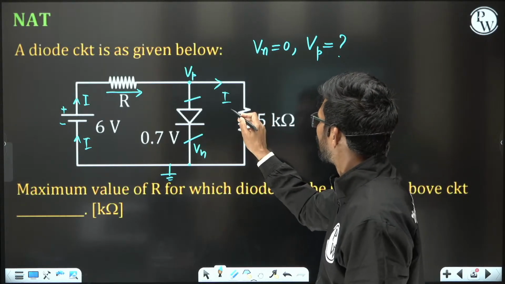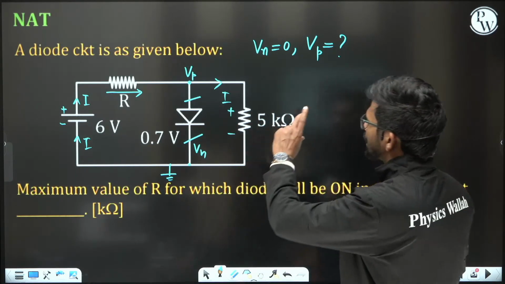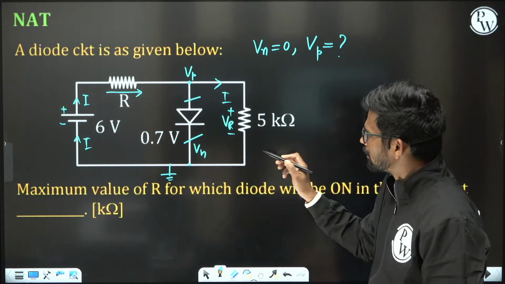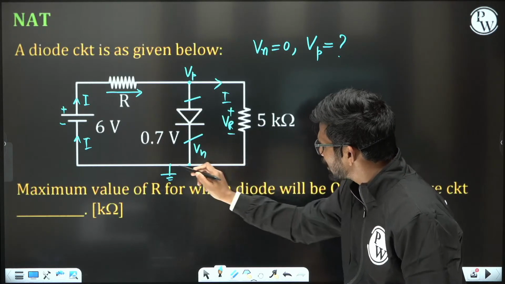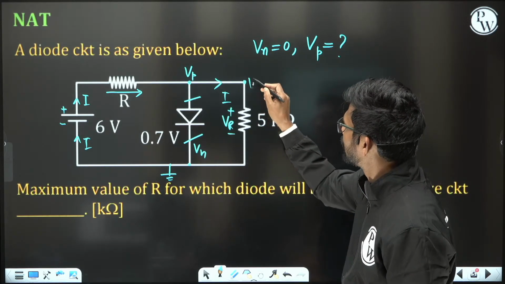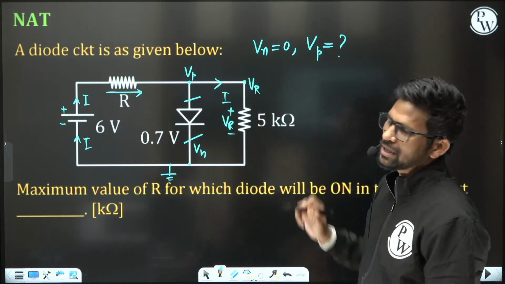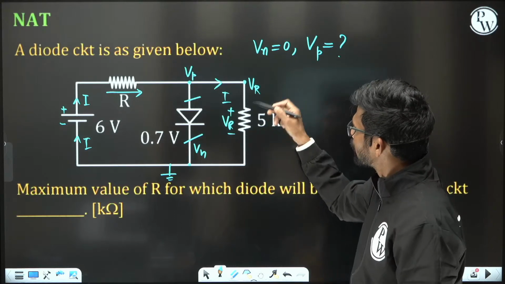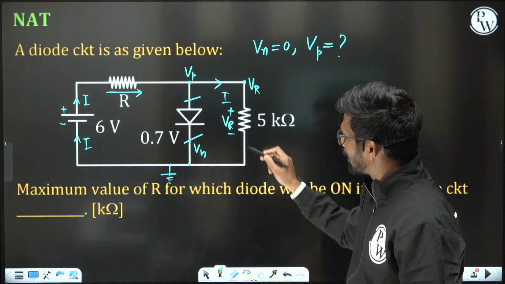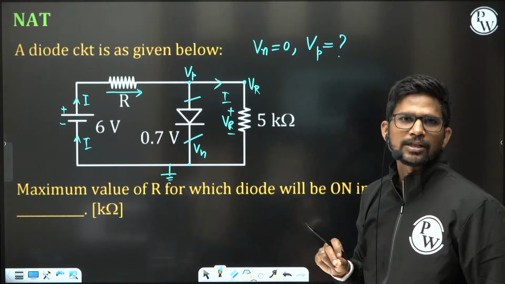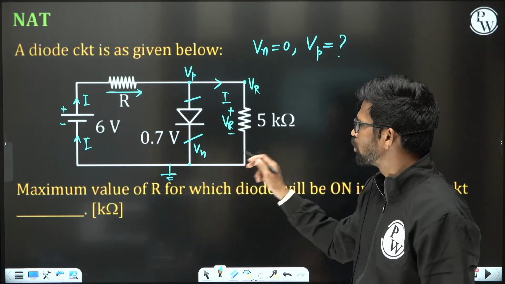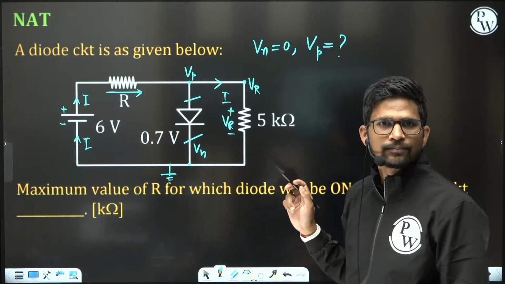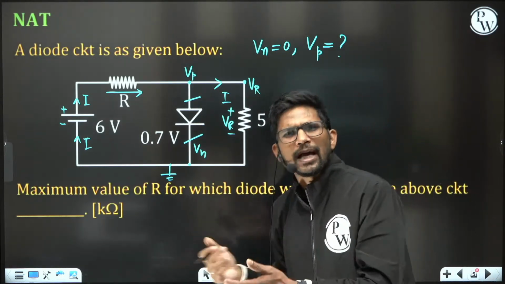If the voltage across this 5 kilo ohm is plus minus VR, the minus terminal is at ground, so the plus terminal will be at VR, and this VR and VP are at the same node. So VP is equal to VR.